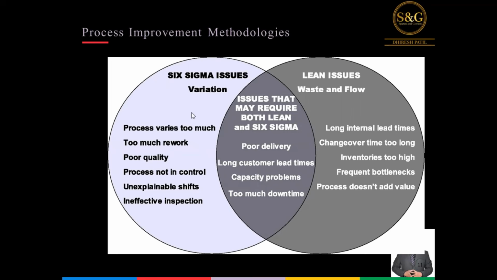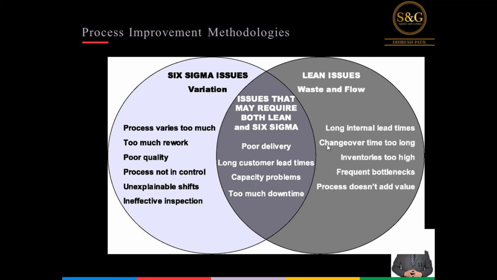Now Six Sigma basically is attacking process variation. If there is too much rework, poor quality, process not in control, unexplainable shifts in the processes, ineffective inspection, these are the criteria where we apply Six Sigma.